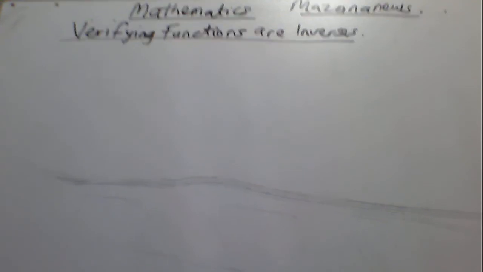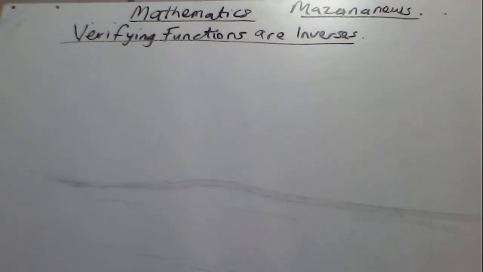So what does this mean? To verify if functions are inverses, that is, if functions are inverse to each other, as we have treated at the beginning, input and output, and then we did some examples. In order to verify if functions are inverses, there are some things we have to know.